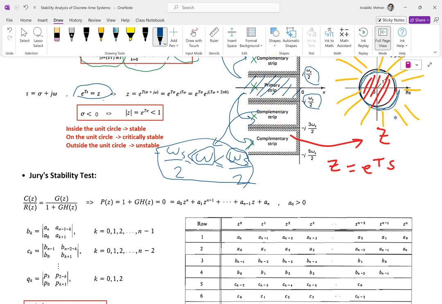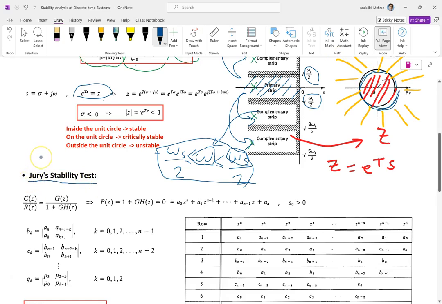Now, one of the methods that you can use to find whether a digital system with a transfer function has any poles inside the unit circle, on it, or outside it, is called Jury's stability test.